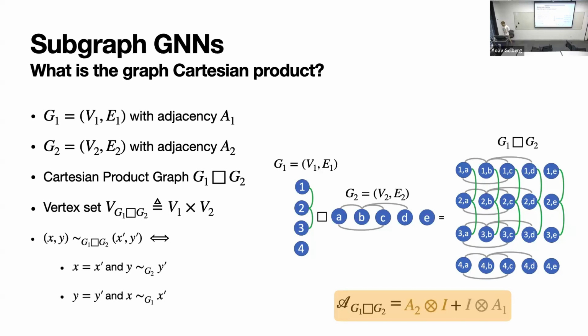It's also going to copy G2 4 times, corresponding to the 4 nodes of G1, and maintain G2's connectivity for each copy. The final result is what you see on the right, G1 Cartesian product G2. The adjacency that corresponds to this is A2 Kronecker product I plus I Kronecker product A1, where A1 and A2 are the adjacencies of G1 and G2.